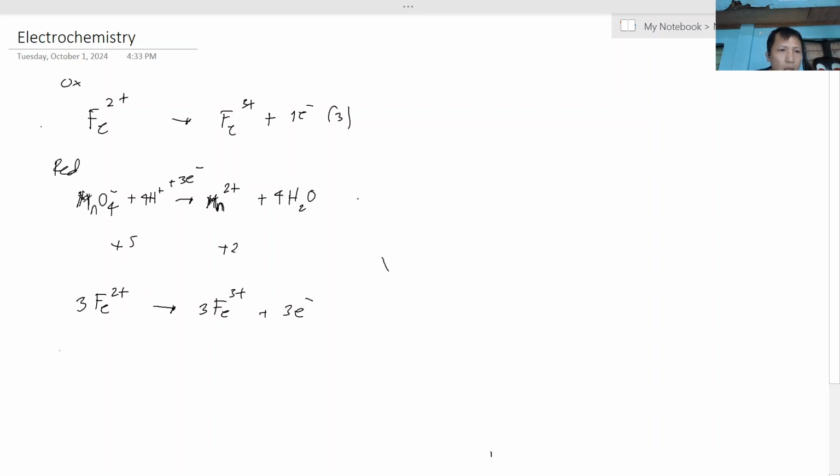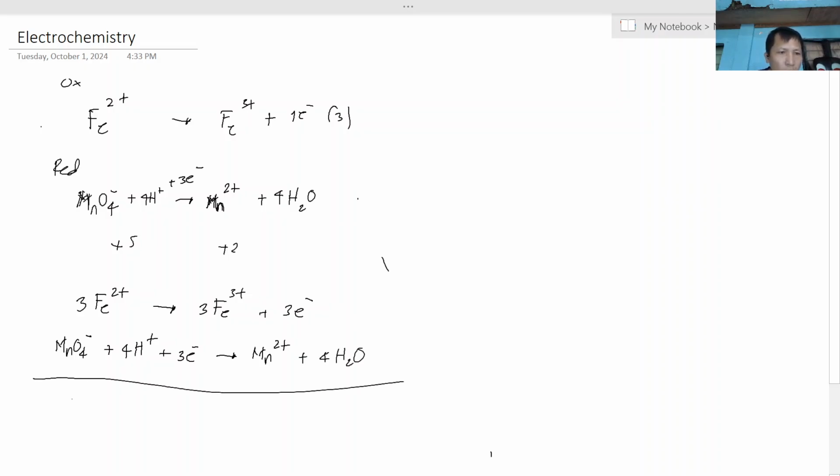Then on the other side, you would just copy it because you've already managed to balance it. Then you have your 4H+, and then plus 3 electrons. Then it produces Mn2+, and then your 4H2O. So the 3 electrons are cancelled.